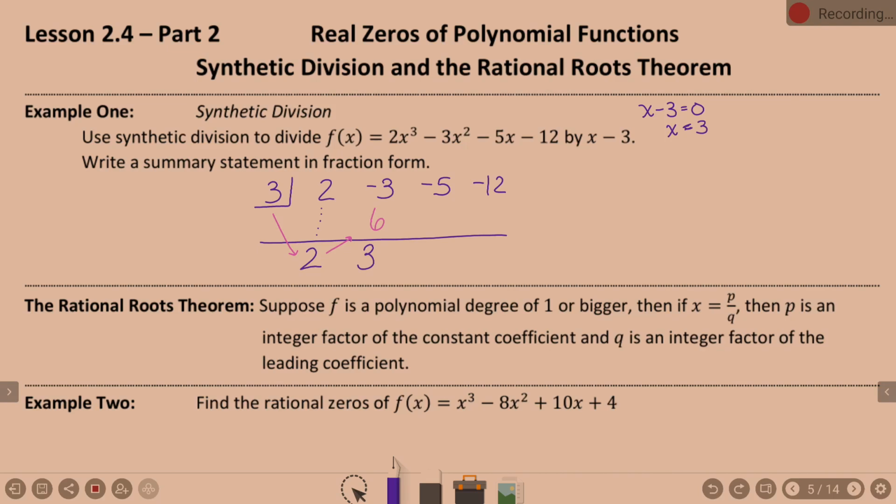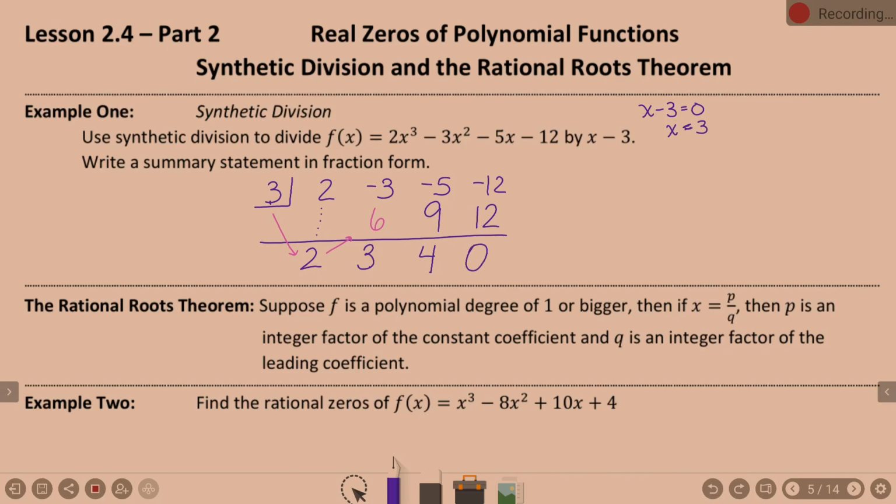The 3 we just wrote multiplied by the original 3. So 3 times 3? Isn't it always supposed to get 0 at the end? Not necessarily. 3 times 3 is 9. That's my multiply. Then we add. Negative 5 plus 9 is 4. Then we multiply again. Back to 3. 3 times 4 is 12. You add again. Negative 12 plus 12 is 0.